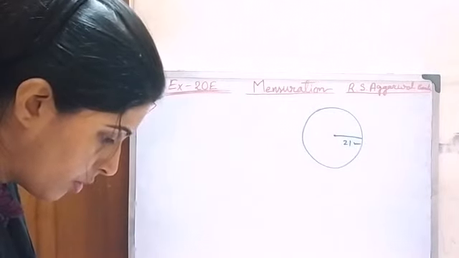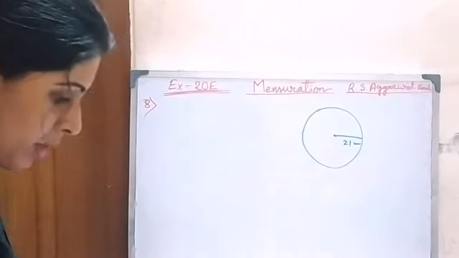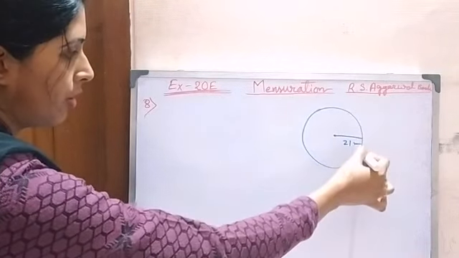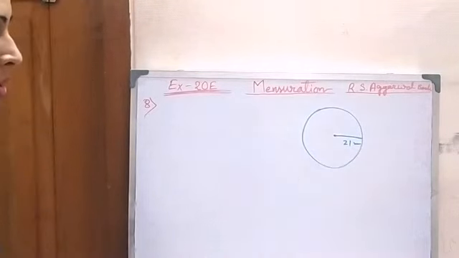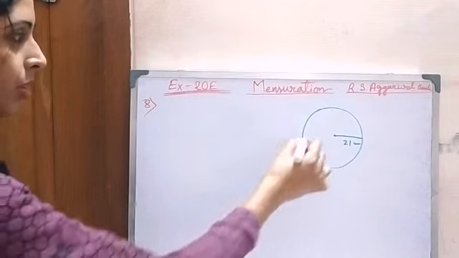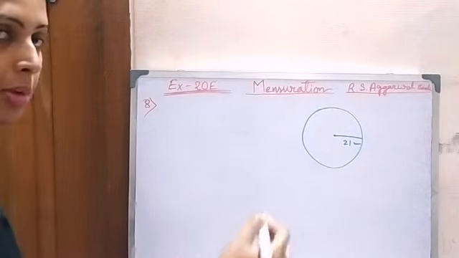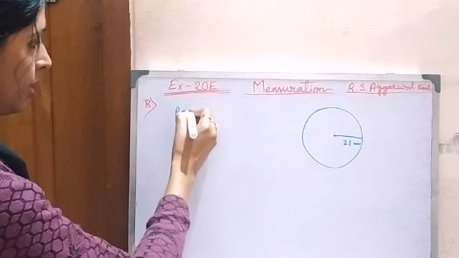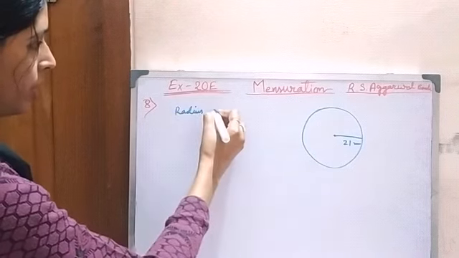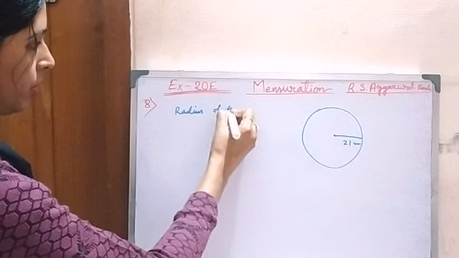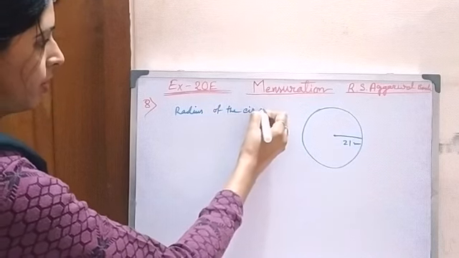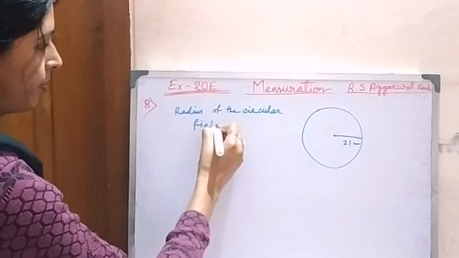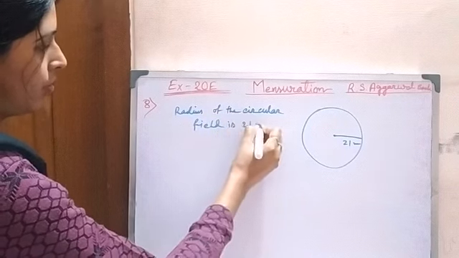Now cycling at the speed of 8 km per hour is given. So here what to find out? Round of the circular field, that means we have to find out the circumference. After that we will find out the timing. Radius of the circular field is 21 meter.